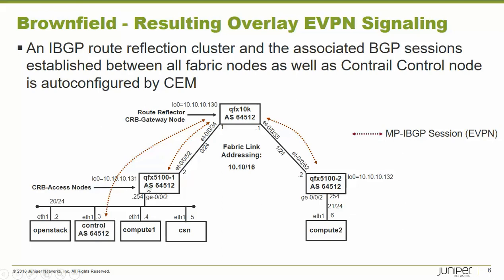And it's going to allow these devices to advertise EVPN VXLAN routes between each other, so that we can do things like add bare metal servers off of these leaf switches and be able to connect them over a Contrail virtual network to some VMs that are hosted on these compute nodes.